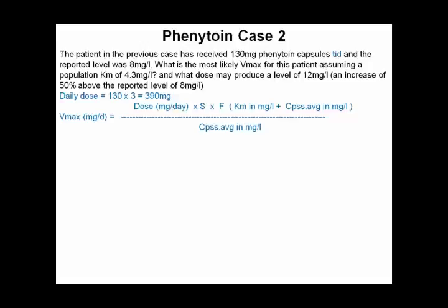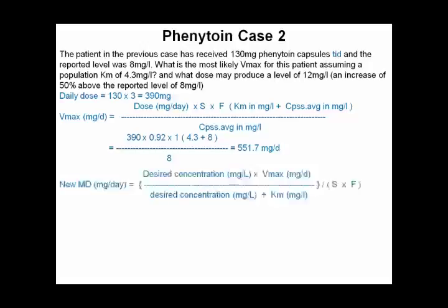The Vmax for this patient using a Km of 4.3 will be 550.7 milligram per day. The new maintenance dose using the equation that appears here will be 441.5. So we went from 390 to 440 to increase the level by 50%.